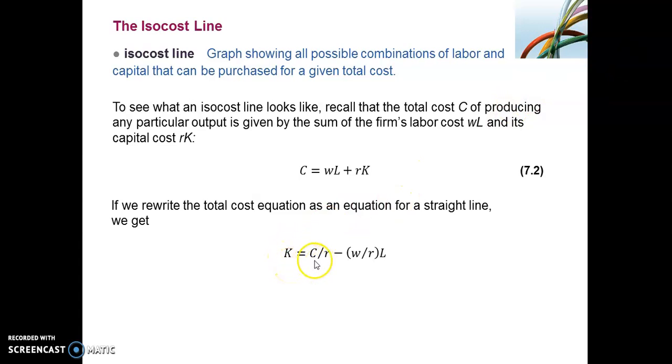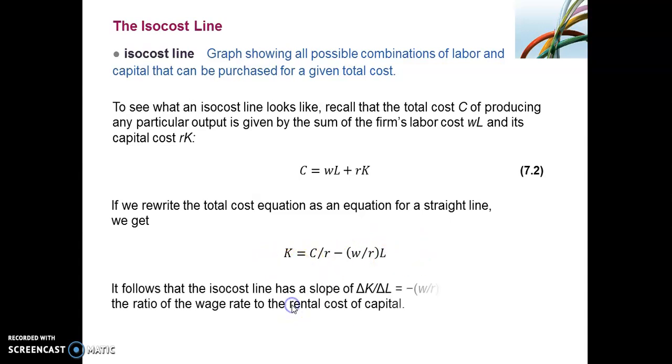And rearranging, we get our vertical intercept, and that would be C over R, minus W over R times L. So W over R, which is the ratio of your wage rate to your rental rate, represents the slope of the straight line, the slope of your isocost line. And you can see that it is negative. So this tells me that this isocost line must be downward sloping.